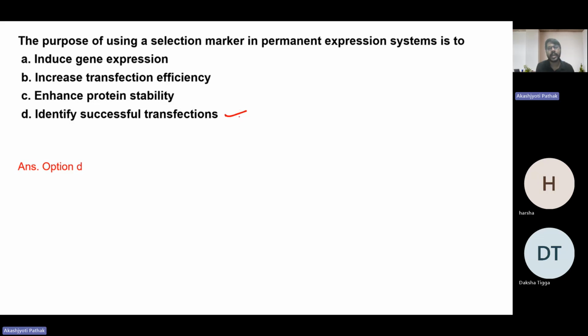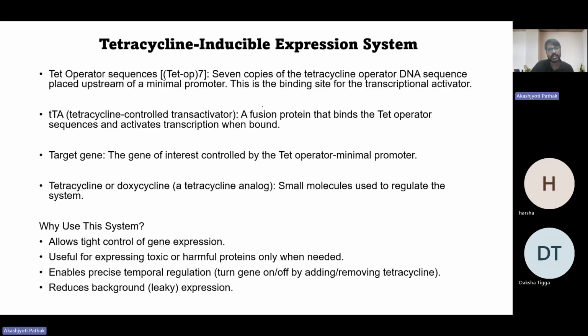This recombinant plasmid will also have some antibiotic resistance genes. So only those cells which have the recombinant plasmid will be able to grow in the media supplemented with that antibiotic, while other cells will die. So the answer is identify successful transfection.